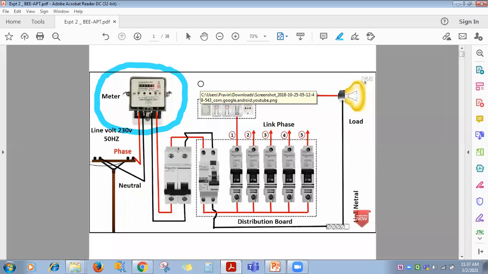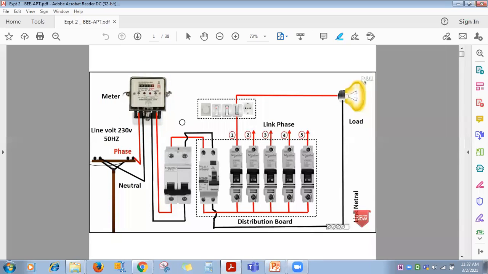Nowadays, the induction type of energy meter is being replaced by the digital energy meter. A digital energy meter has a microcontroller IC. Whatever program is burned in that microcontroller IC, as per that programming, the digital energy meter works. Along with the microcontroller IC, you will find an electronic circuit, current transformer, and potential transformer, and it displays energy consumed by the consumer in kilowatt hour.